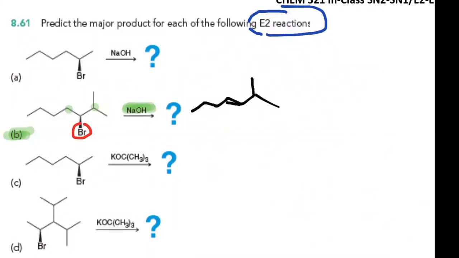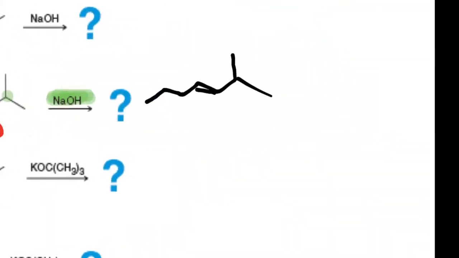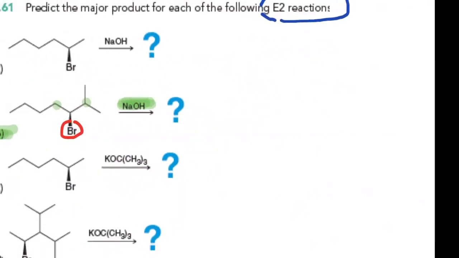That's one product that we should get, right where the double bond is here. And the second product, the double bond should be on the other side.